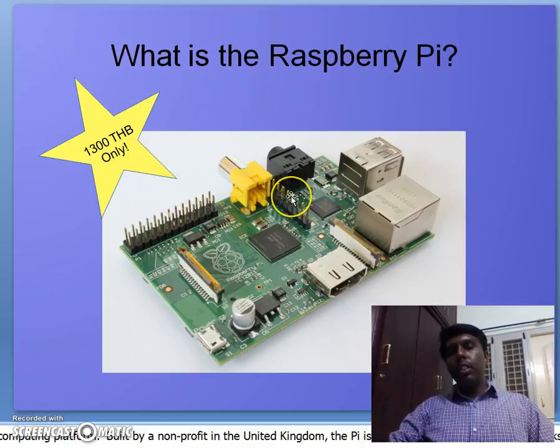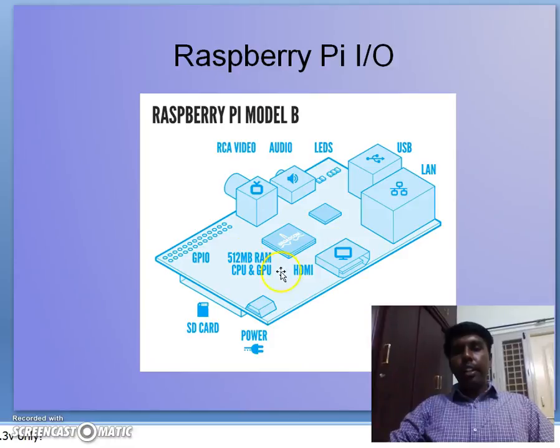When you see this Raspberry Pi, it looks like a small credit card-like device, but it has almost all the functionalities that a desktop has. Let me go into the block diagram here. You have the Raspberry Pi input and output, and this is for Raspberry Pi model B. It has 512 MB RAM, which is normally present in a computer, and then audio and video jacks where you can connect the audio and video consoles.